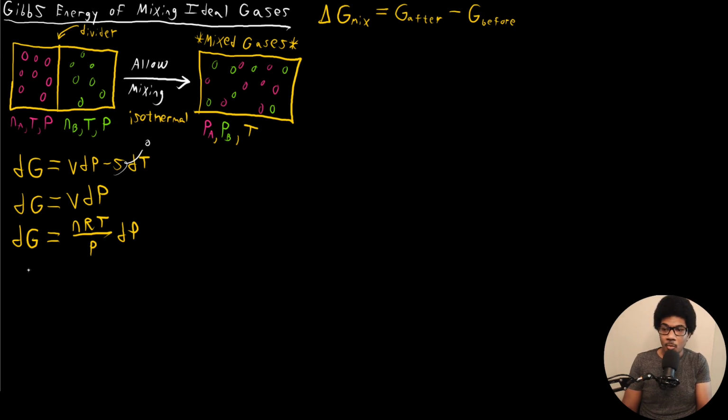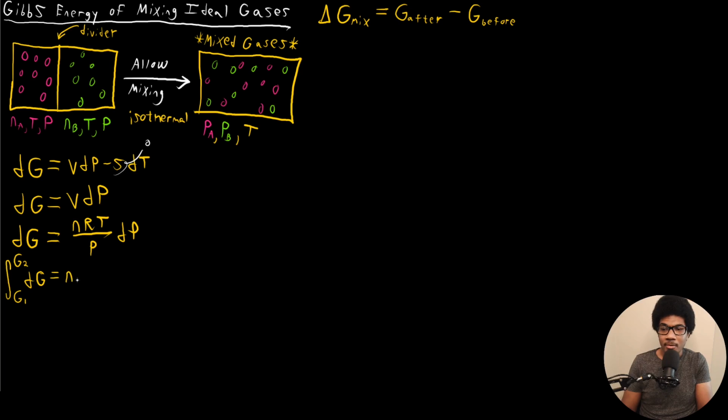Now, obviously, if we want the Gibbs energy here, we're going to have to integrate on both sides. On the left-hand side, we're going to have some final Gibbs energy, we'll call it G2, and some initial Gibbs energy, G1, integrating dG. On the right-hand side, the temperature is held constant, the number of moles is constant with respect to the total number of moles of the gas, and the gas constant is constant.